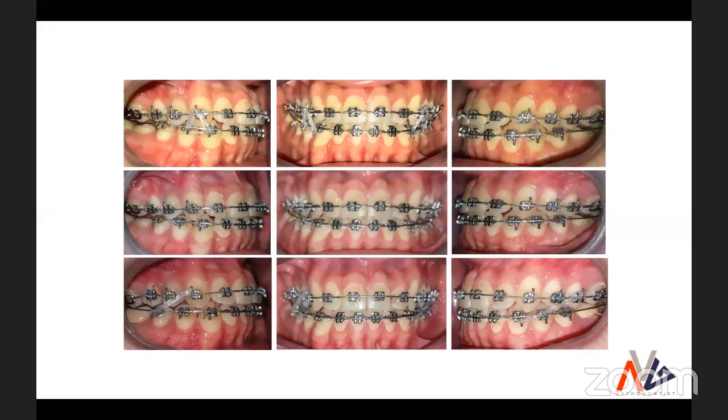Similarly, in this case, I did not want to extract the lower molars, because it would have been very difficult for me to correct the curve of Spee issue. I was using an accentuated curve of Spee wire, and if I had put that wire into the 7s, it would have just dumped lingually. Now it has some contact with the 6, so it prevents the lingual dumping, which is a consequence of accentuated curve of Spee wires.